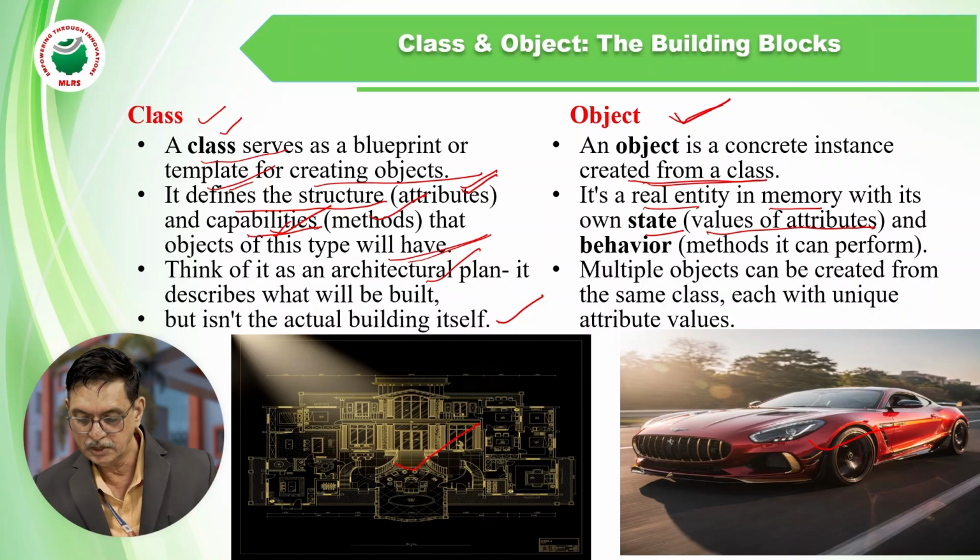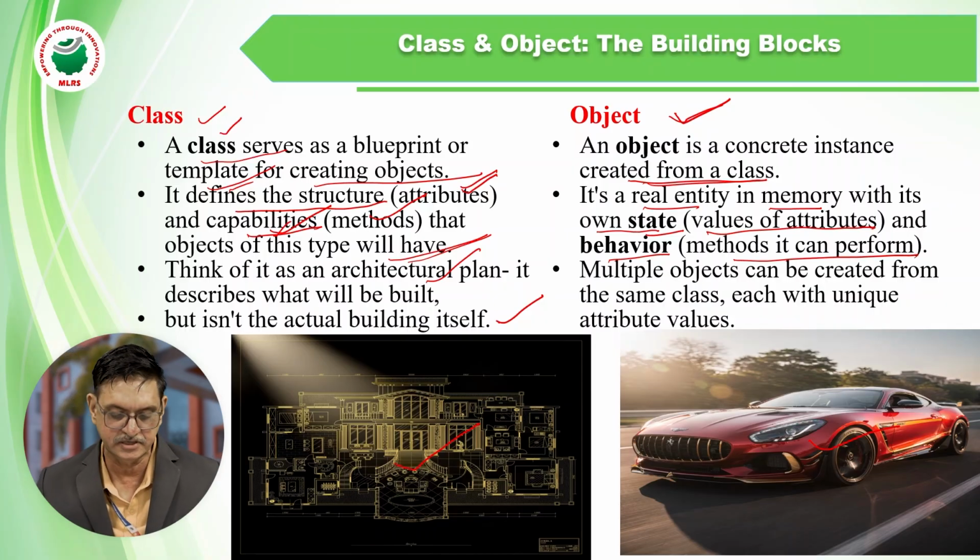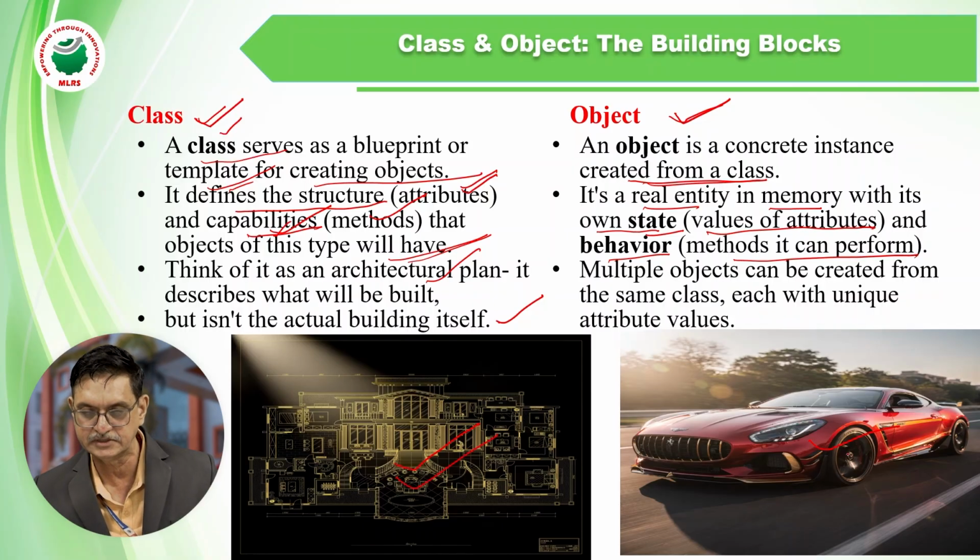Okay, so every object has its own state, the values of attributes, and its own behaviors, the methods it can perform. Every object may differ from each other, but all objects are instantiated from the same class. So using the same blueprint, we are creating different objects with different attributes and behaviors.